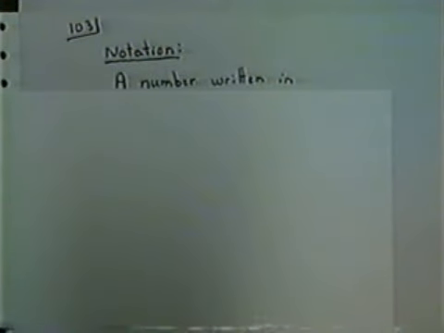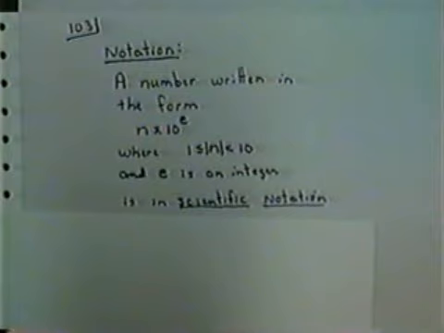Now let's look at the formal definition of scientific notation. A number written in the form n times 10 raised to the e power, where the absolute value of n is between 1 and 10, it could equal 1 but it cannot equal 10, and e is an integer, is in scientific notation.